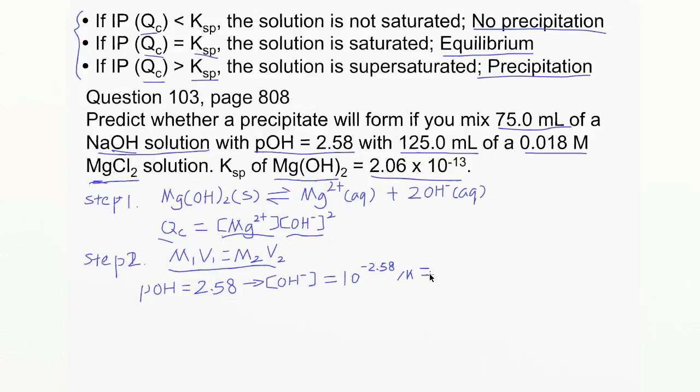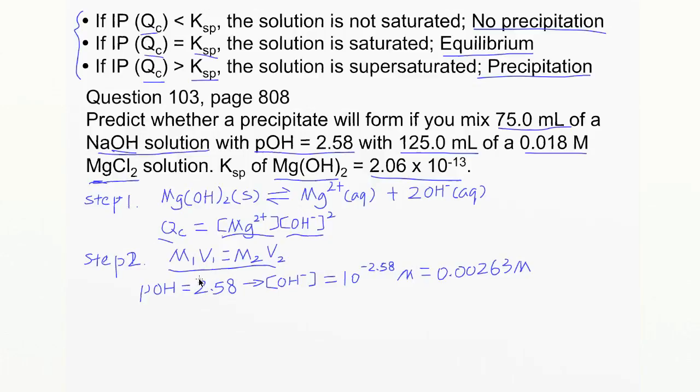And if you do the calculation, it will show you the concentration of the hydroxide is 0.00263 mole per liter. All right, so this is the concentration of the hydroxide before you mix the two solutions.